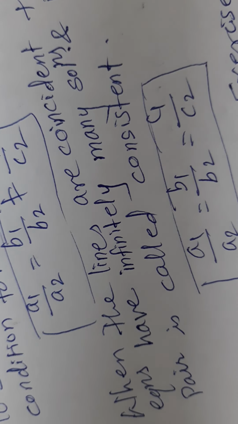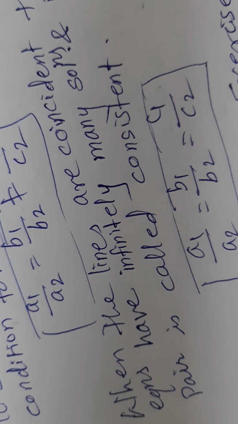This implies x minus y is equal to minus 4. Call it number 2. Or you may also write it as x minus y plus 4 equal to 0. So here we are getting these two equations.